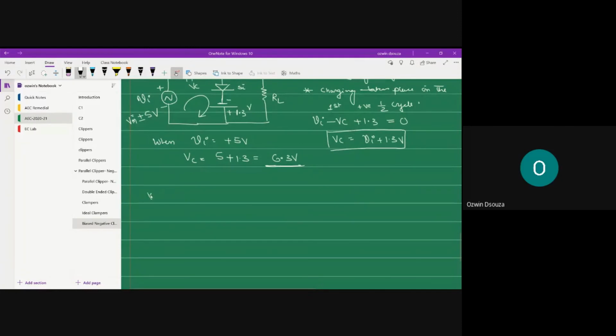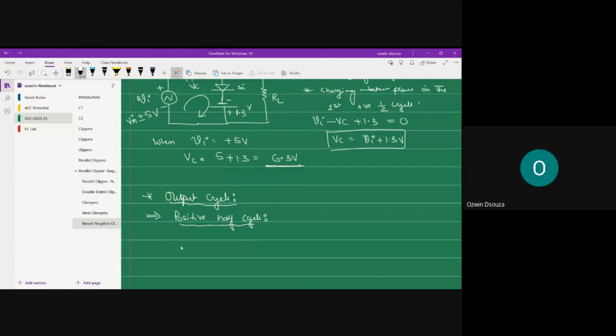Okay, now for the output cycle, let's consider a positive half cycle. I will not redraw the circuit. I assume that you have understood the technique.